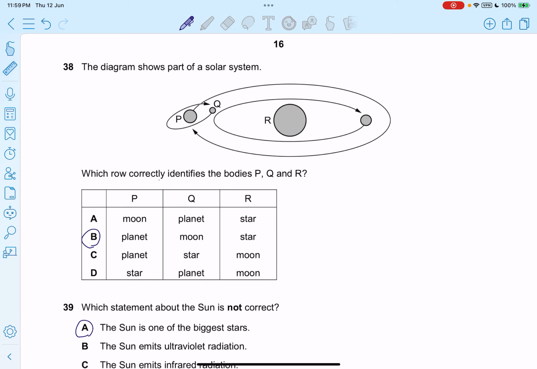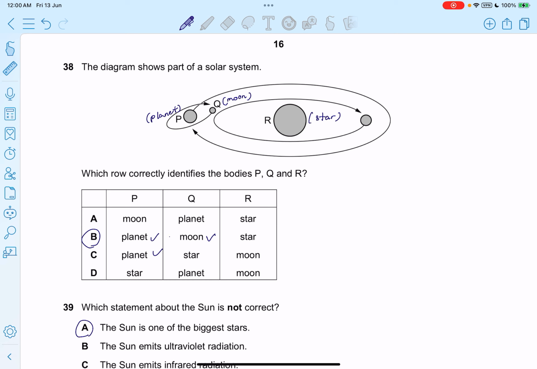38. Which rule correctly identifies the bodies P, Q, and R? We can see that Q is orbiting P, which suggests that Q is a moon. P is orbiting R, so P is a planet. And if P is a planet, R is a star. So for P being a planet, between B and C, Q should be a moon.